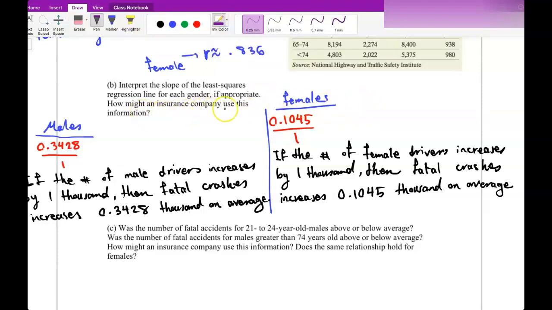So how might an insurance company use this information?